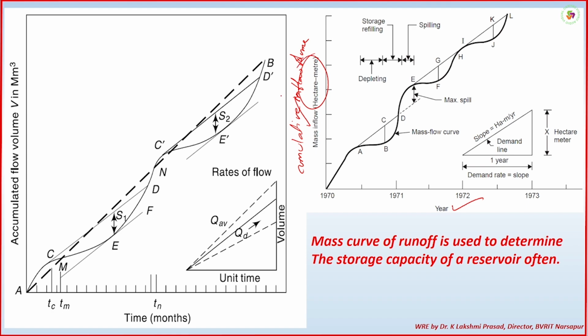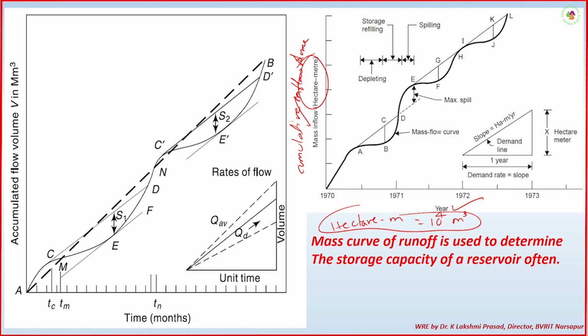Hectare means 10 to the power of 4 meter square, multiplied by meter. So what do we mean by hectare meter? One hectare meter is equal to 10 to the power of 4 meter cube. That is why the y-axis is always cumulative runoff volume.